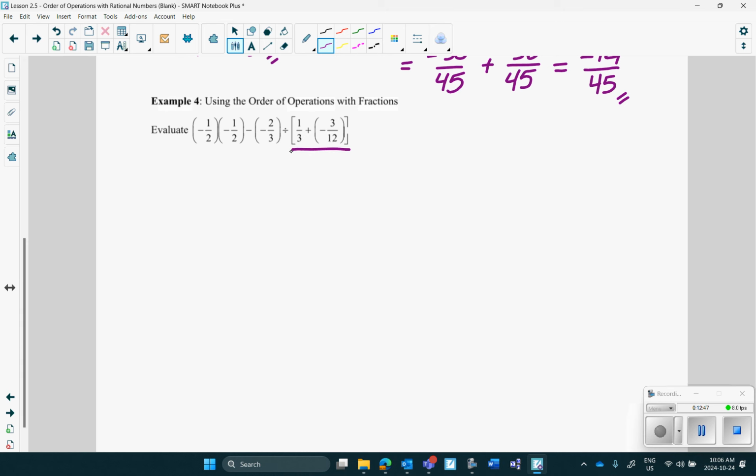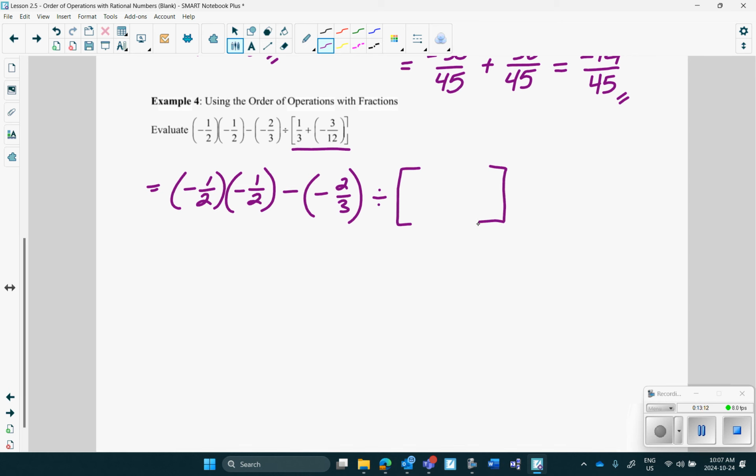This. So that means I am not touching -1/2 times -1/2. Sorry, I'll make that a little bit clearer. 1/2 minus -2 over 3. Divide. But I am adding these two.